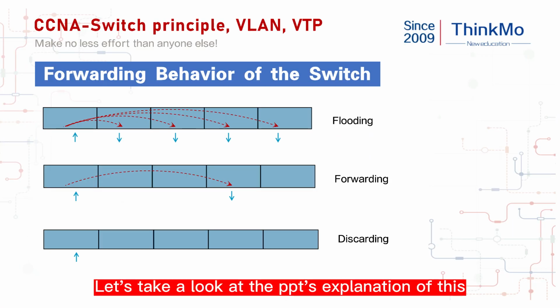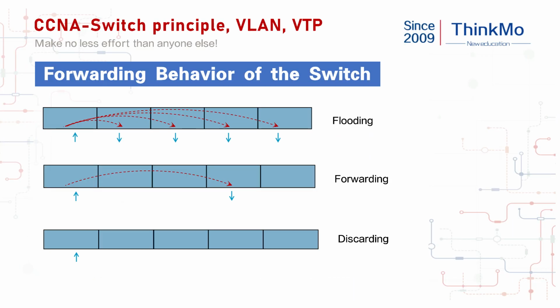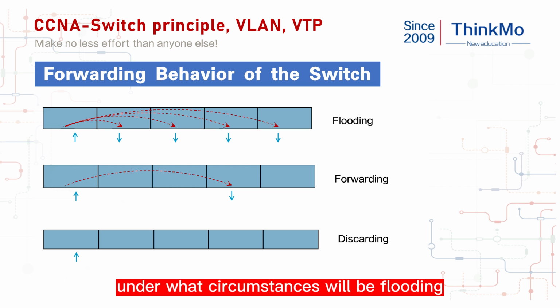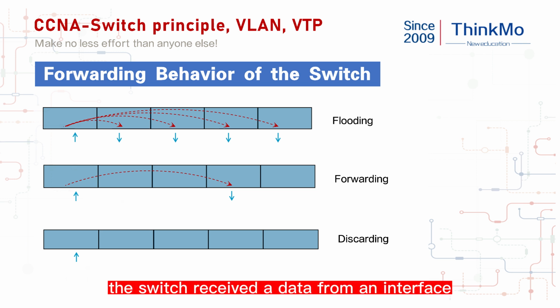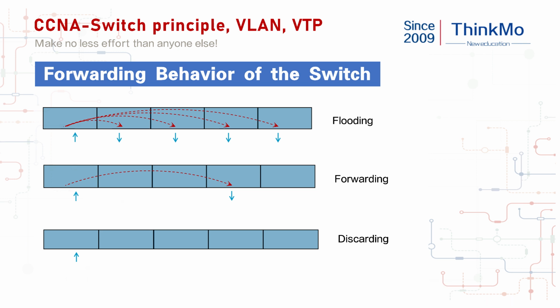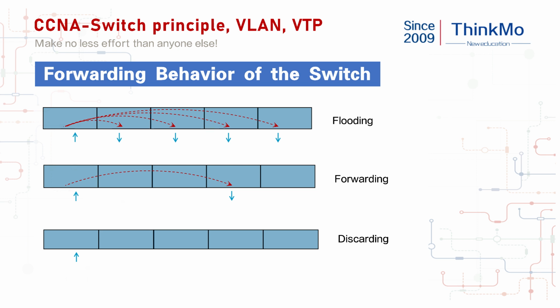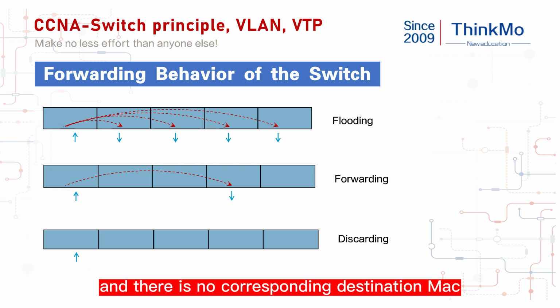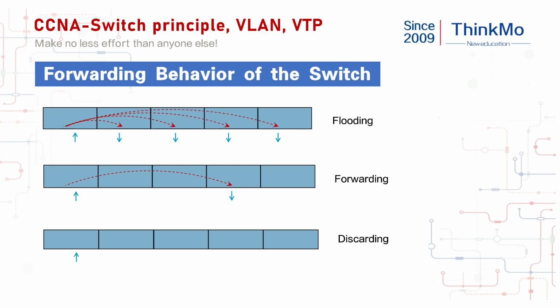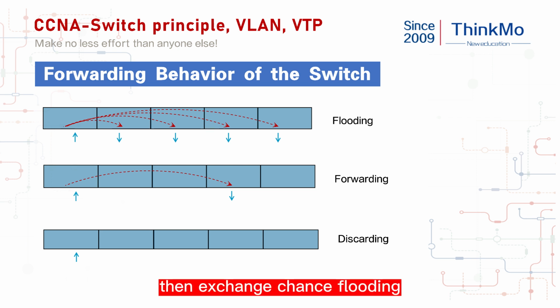Let's take a look at the PPT's explanation of this. Let's sort it out. The first is flooding. Under what circumstances will we flood? The switch received a data from an interface. If this data is a broadcast data, the switch floods directly. If the data is a unicast data and there is no corresponding destination MAC in the MAC address table, then the switch will also flood.